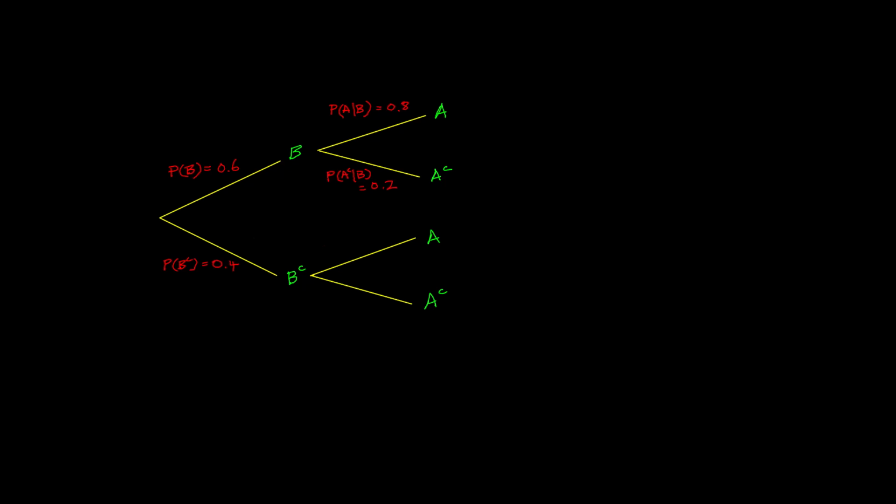The lower part of the tree is where B previously did not occur, and if that is the situation, then the probability of A given that B did not previously occur is 0.3 in this example. And finally, because those two branches in the lower section of the tree must add up to 1, we have the probability of A not occurring given that B did not occur at 0.7.